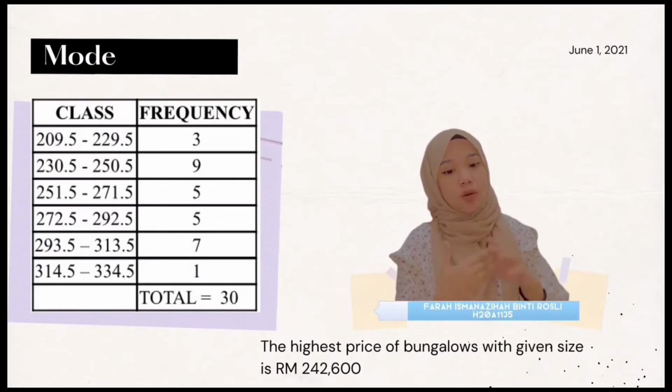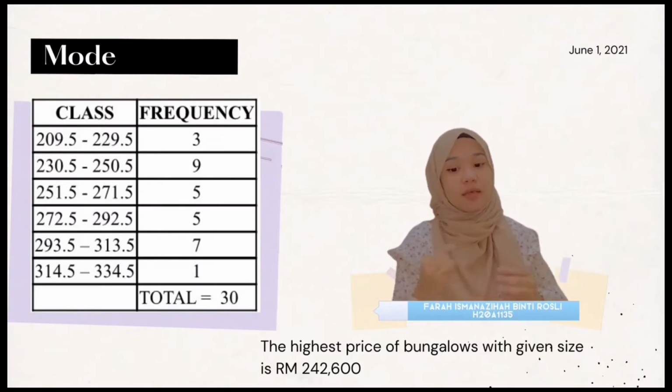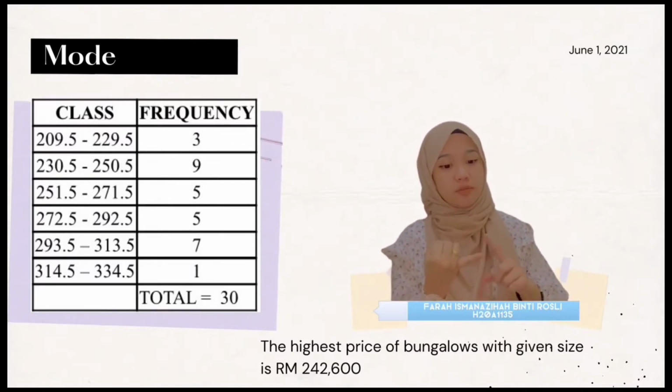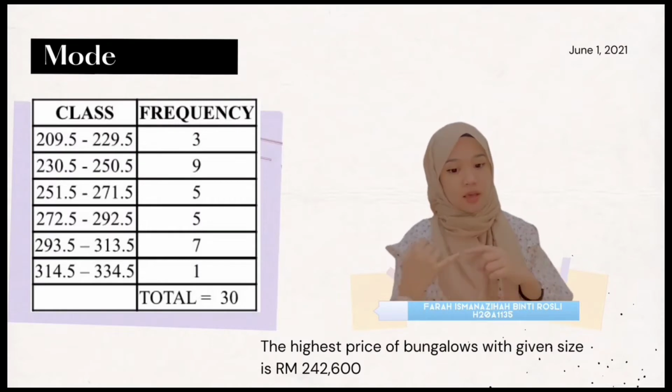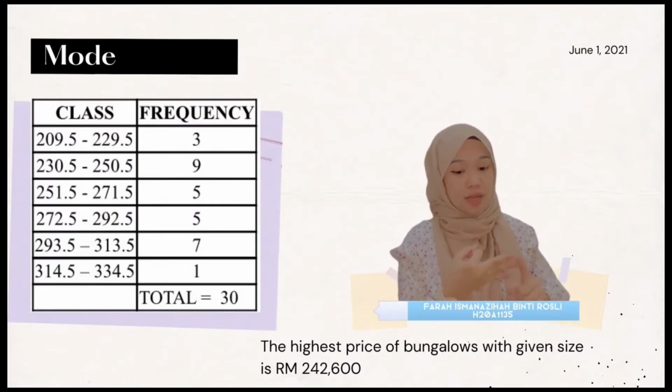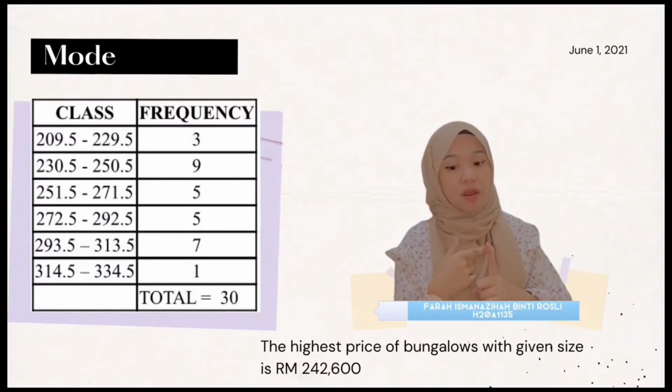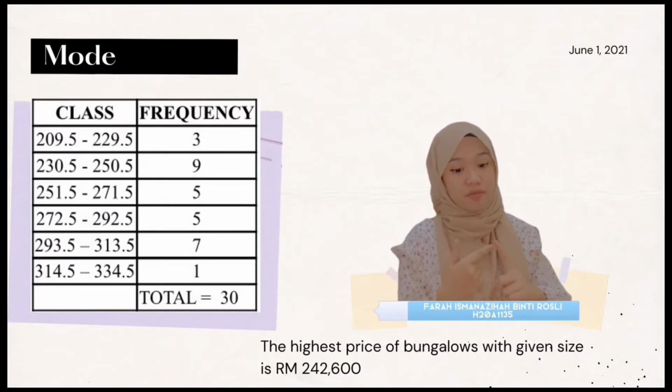The last point is the mode. Mode is the most common value in the data set from the table. The formula of the mode is the lower boundary of the mode class plus, the difference before the frequency of the mode class divided by the difference before plus the difference after the frequency of the mode class, times the class width.